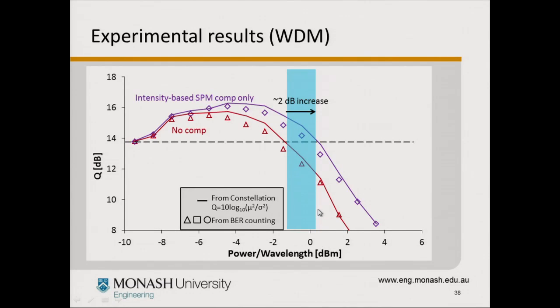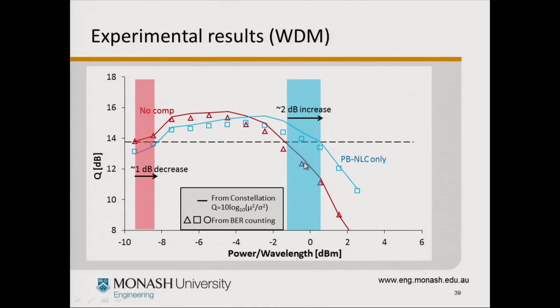Now, if we only use the intensity method to compensate for self-phase modulation, we get around a 2 dB improvement in the nonlinear limit. And if we only use the pilot-based approach, we also get around 2 dB improvement, but we lose a dB on the noise side because we need some power and some spectrum in order to send this pilot through.